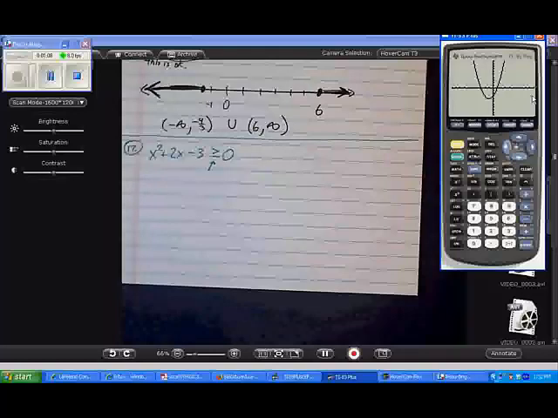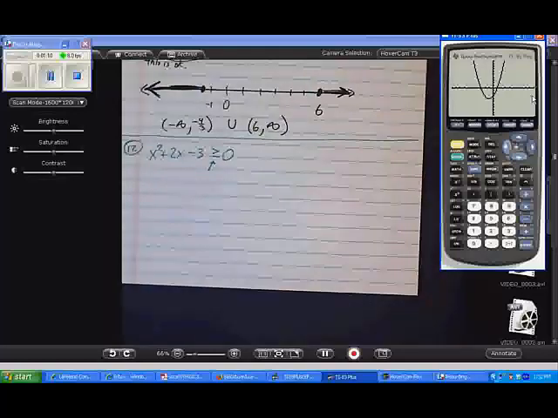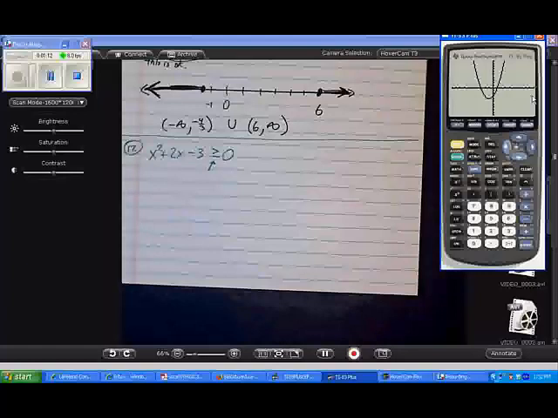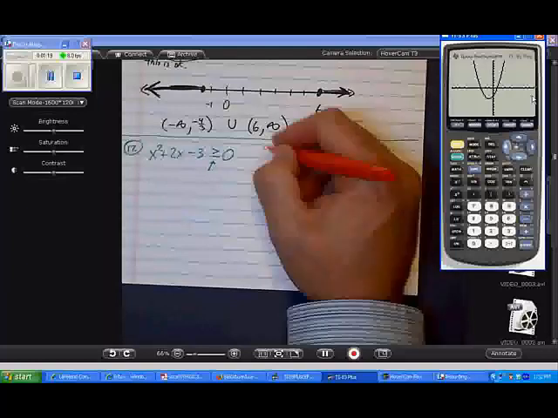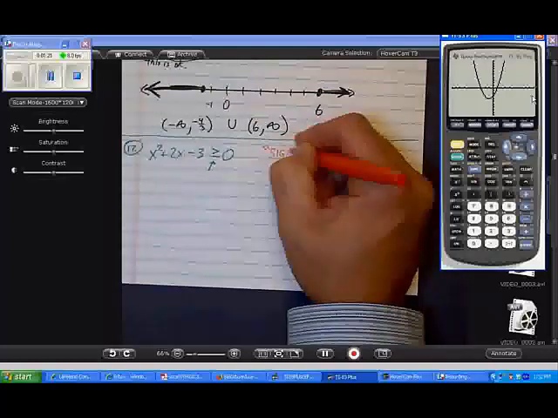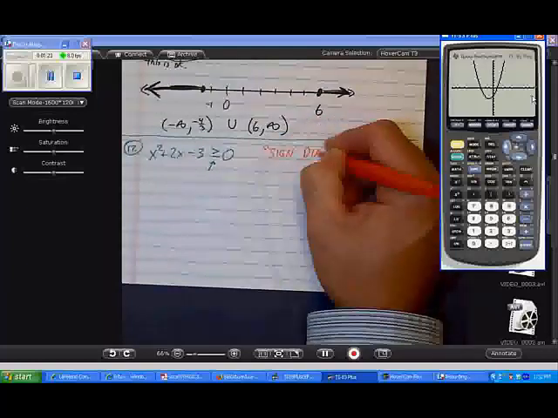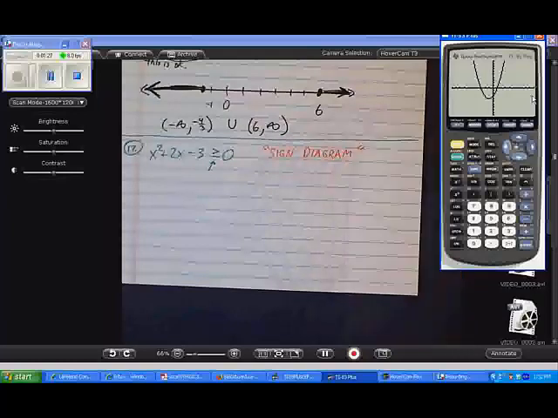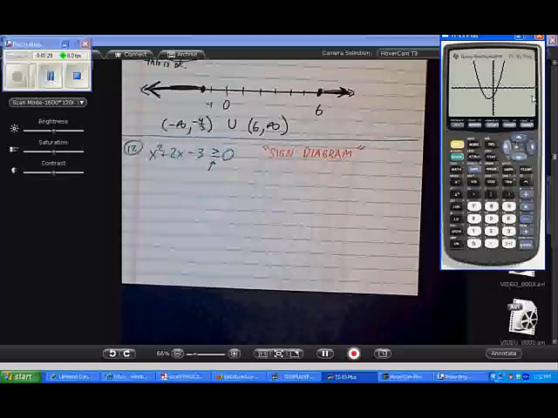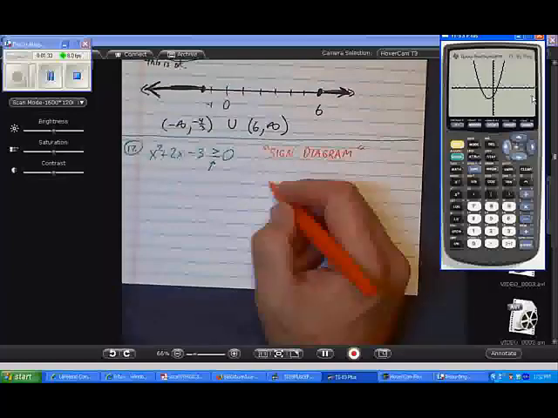But I want to show you a technique that we're going to use again and again and again in this class and in other classes, if you continue to take math classes here at Lakeland. And it's called a sign diagram. Okay? A sign diagram. What I do is I have a function.